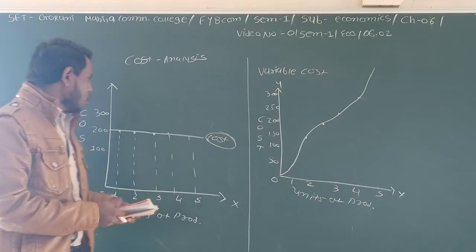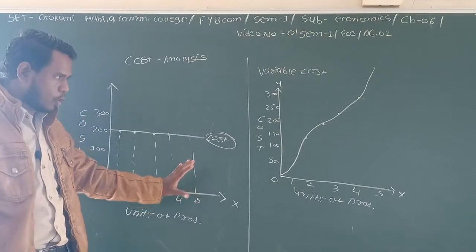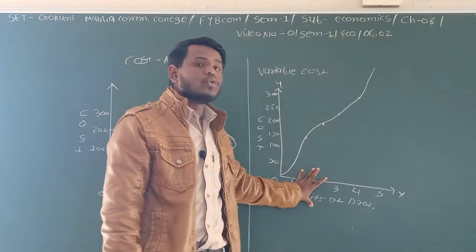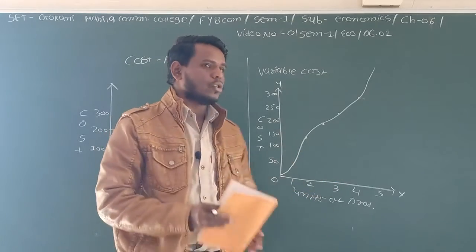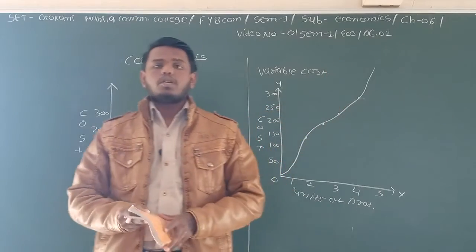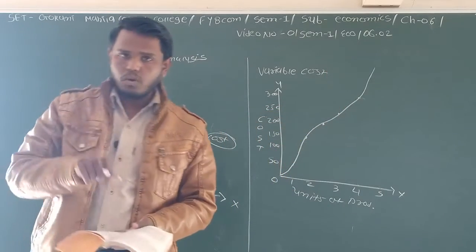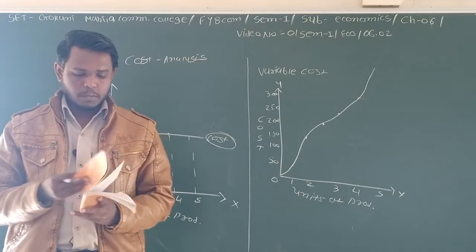Here your cost is the same at all the points, at all the units of the production. And here if you increase one more unit of the production, at that time you will have to incur more cost. These are the two diagrams of fixed cost and variable cost.